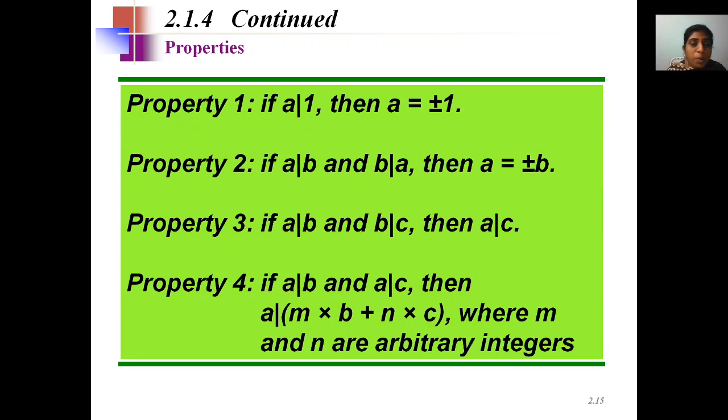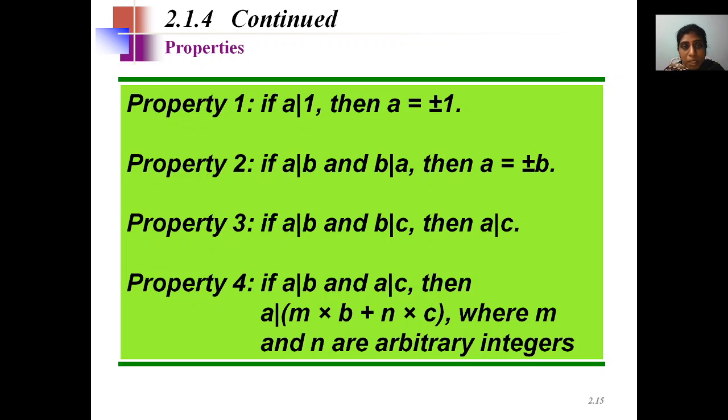Then coming to the properties related to divisibility. If 1 is divisible by a, then the value of a is always plus or minus 1. Property 2 says if b is divisible by a and a is divisible by b, then a is equal to plus or minus b.